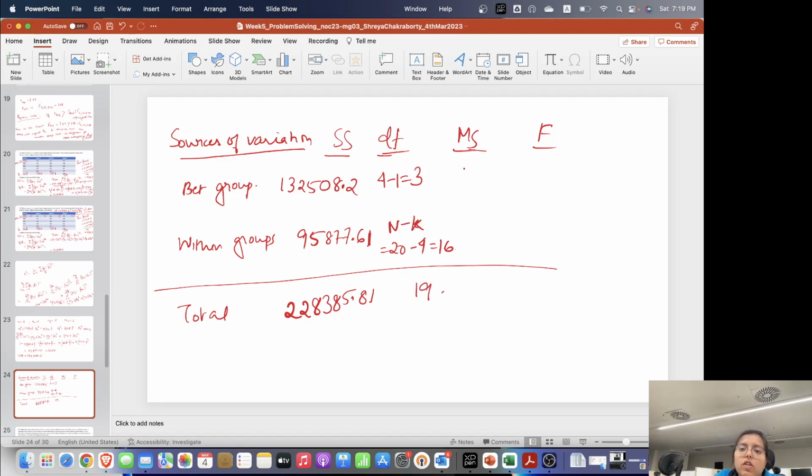So then the mean square will be 132,508.2 divided by 3, and this one will be 95,877.61 divided by 16. How much is it?